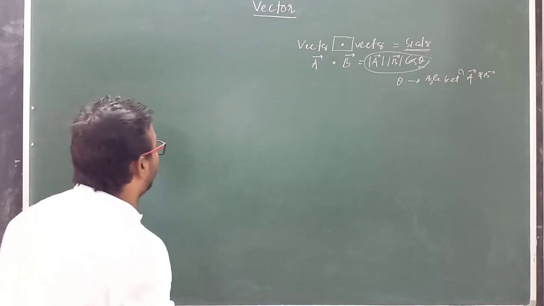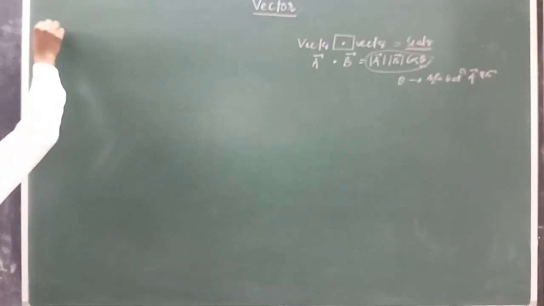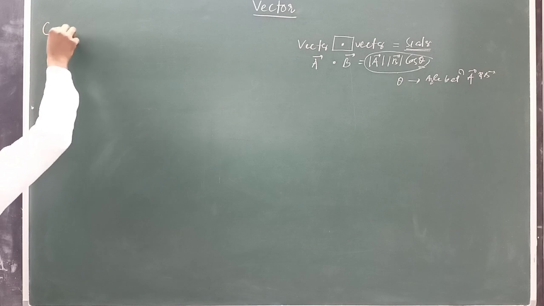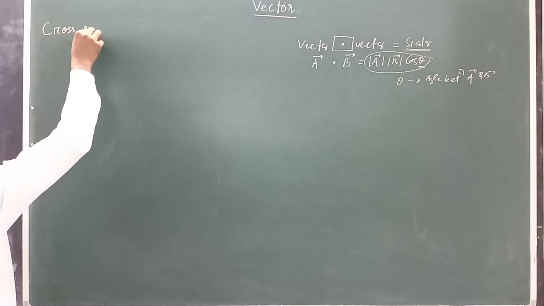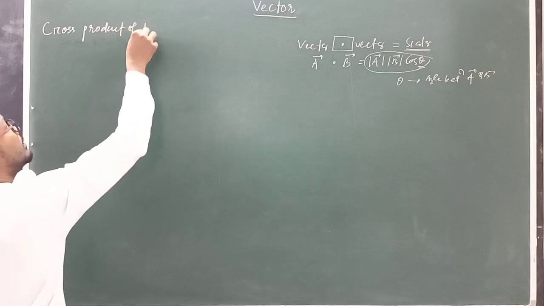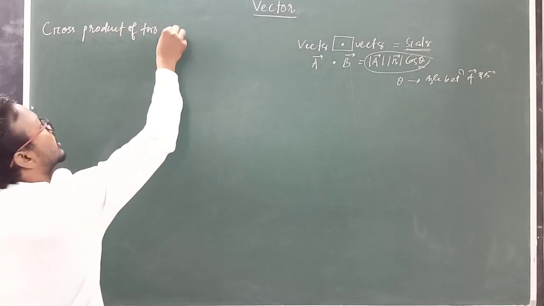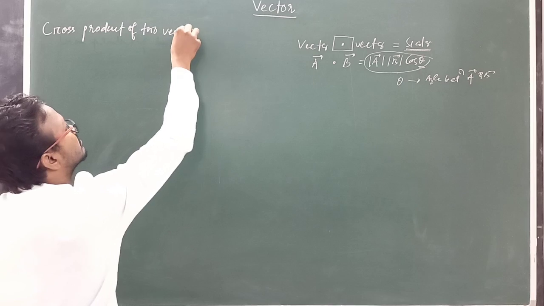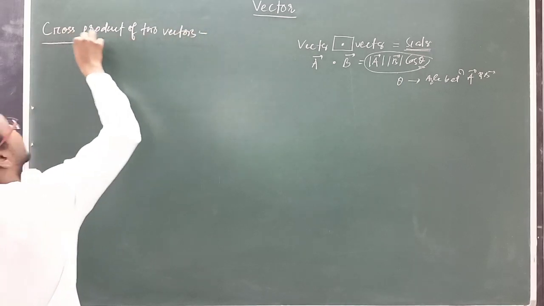Now we will start cross product of two vectors. Cross product of two vectors, or you can say vector product.